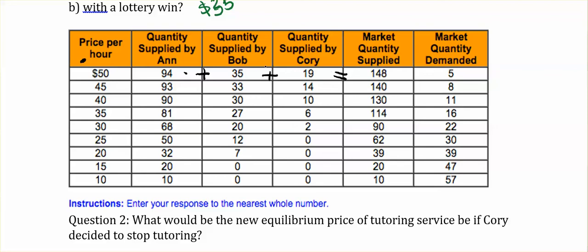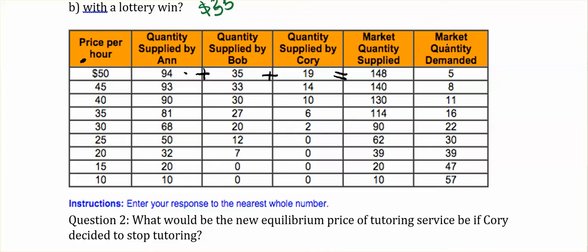Remember, the market supply is no more than the sum of each individual supplier's supplied quantity. So 94 plus 35 plus 90 gives you 148. The same idea applies to get 150 at the market price of 45: you add 93, 33 and 24, and you get 150. So the fifth column is our market supply curve.